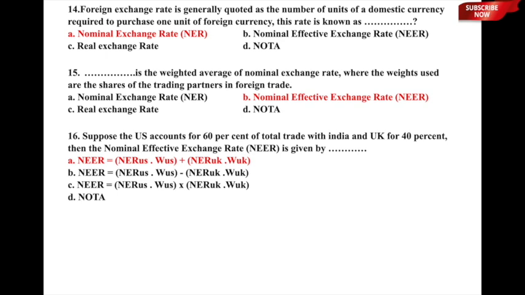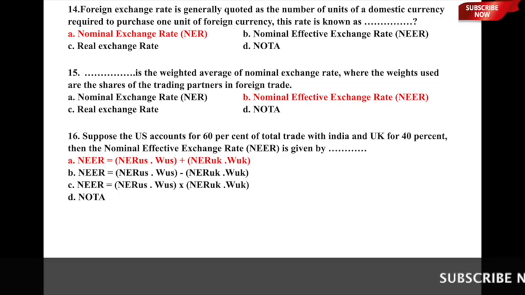So, what do you call such a concept? It will make more sense in question number 16. I will just explain this concept here and then we move to question number 16, wherein it will make more sense because we are looking at an example. So, here the weighted average of nominal exchange rate is called as what?